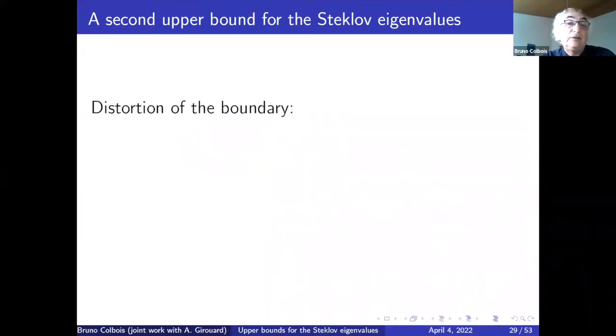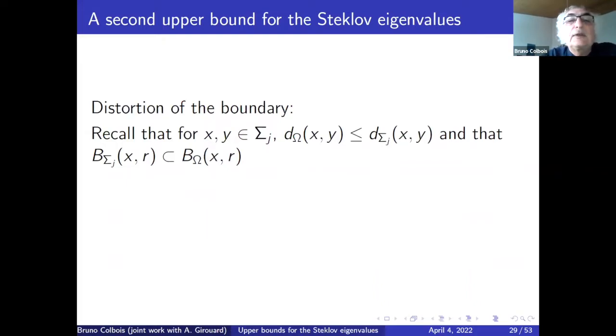There is the distortion also. I was always speaking, in some sense, of the distortion of the boundary, the position of the boundary in the manifold. So I recall I had introduced these two distances, d omega and d sigma, and the extrinsic distance is less than or equal to the intrinsic distance.